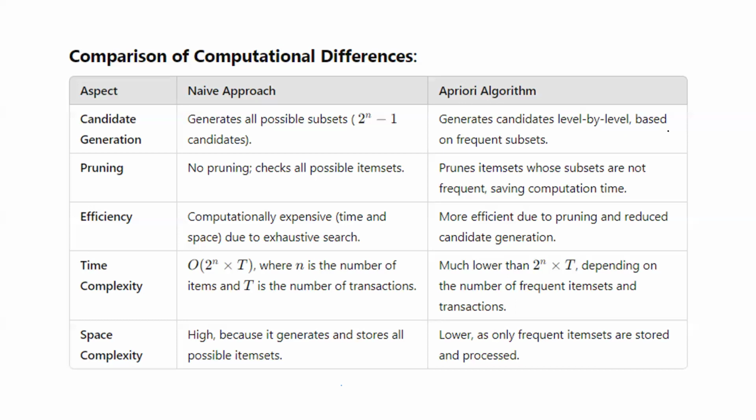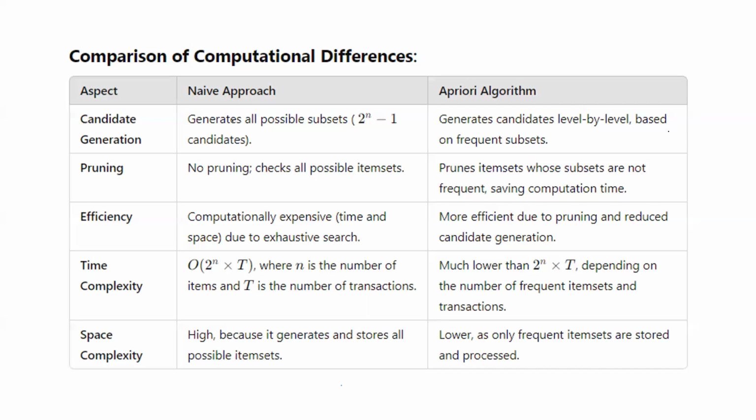Because it goes level by level based on frequent items, if something is not frequent, it will just ignore it, right? That is something that you have to look at now. Now pruning.